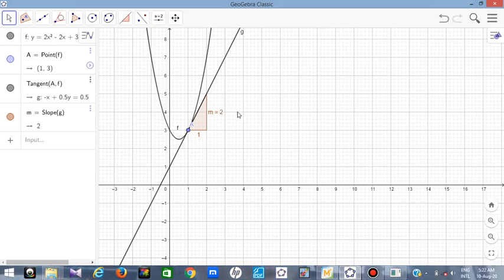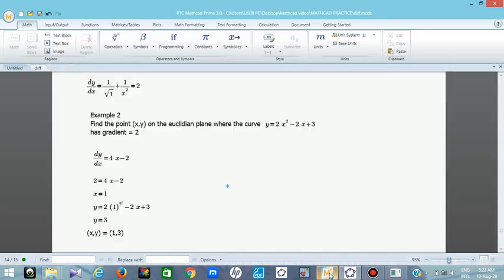You can see that the gradient is 2. That's what we are talking about. So this is a good question for practice. When x is 1, y is 3, then the gradient is 2. So without plotting this graph, you can actually solve it.